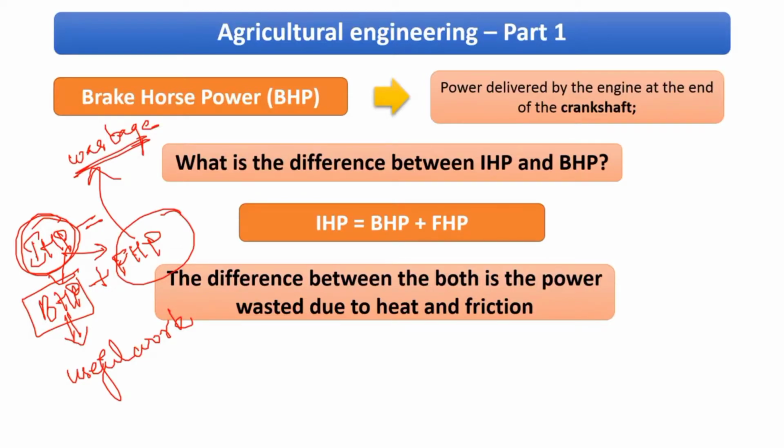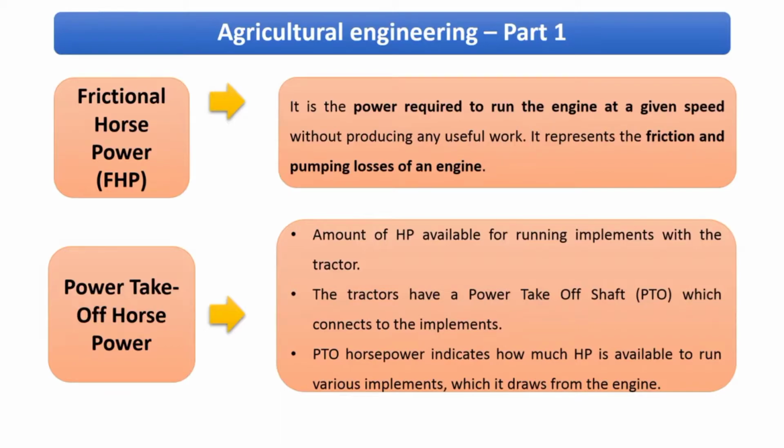So this equation needs to be clear: indicated horsepower is equal to brake horsepower plus frictional horsepower. If you want to increase the efficiency of a particular machine, you need to make sure that this frictional horsepower is less. The same thing is explained here for frictional horsepower, so kindly make sure you understand this.